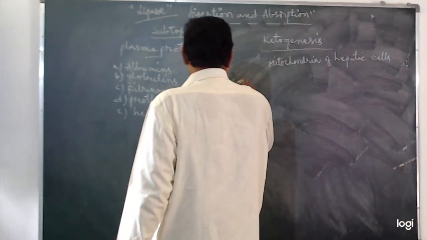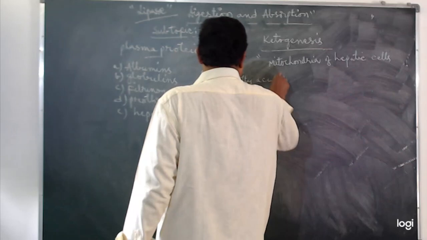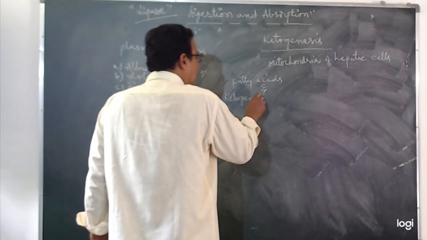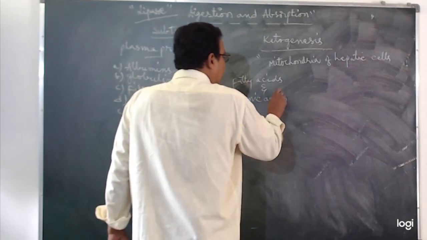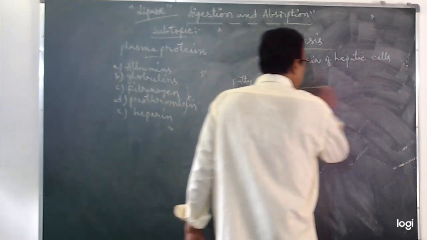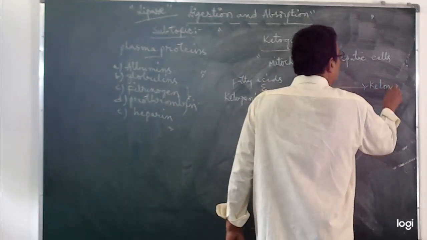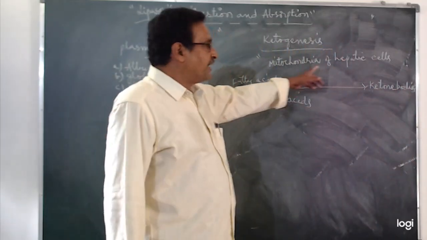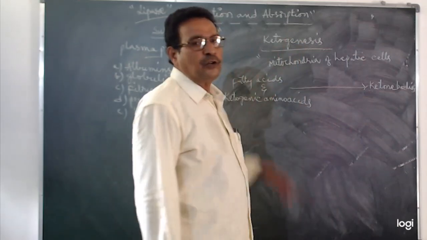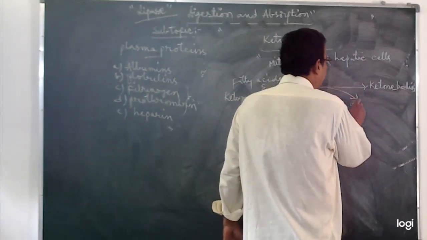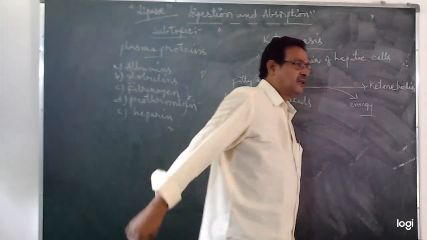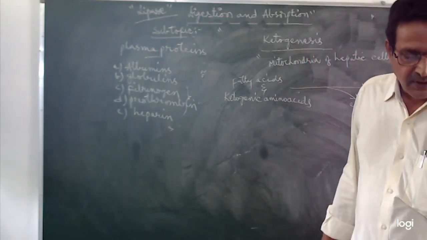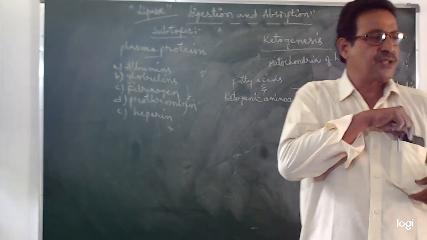Fatty acids and some ketogenic amino acids are converted into ketone bodies in the mitochondria of hepatic cells. That process is called ketogenesis, through which some amount of energy is released, so that it is a catabolic pathway. These are the functions of liver.